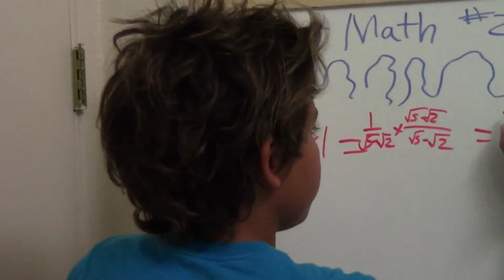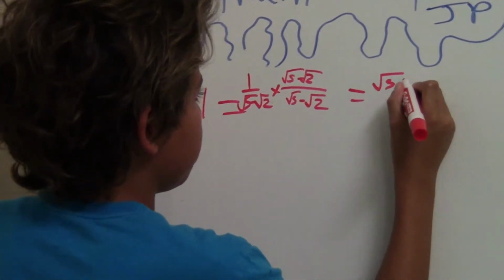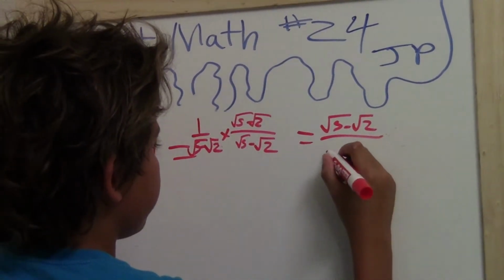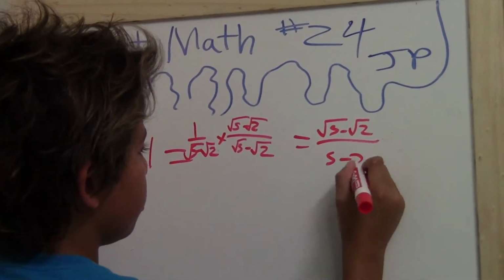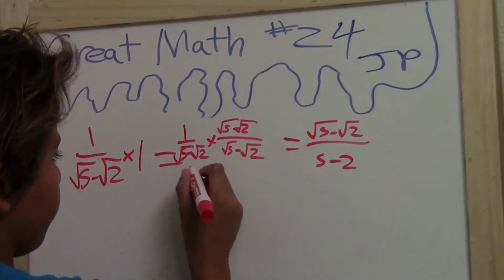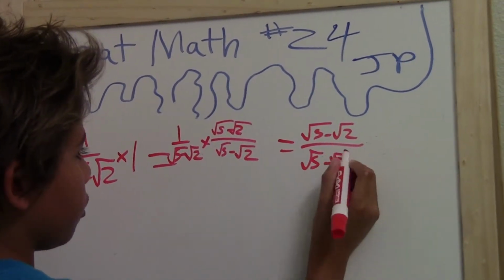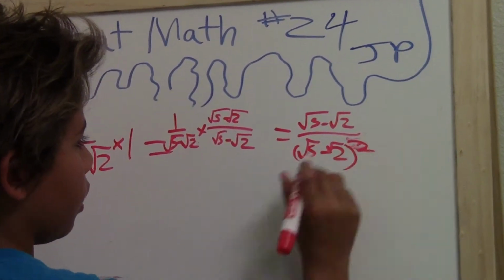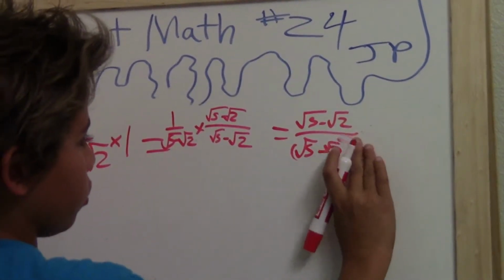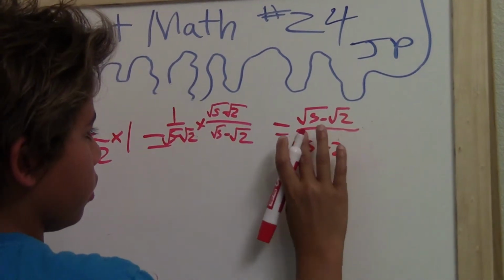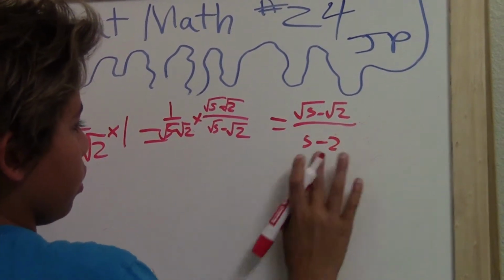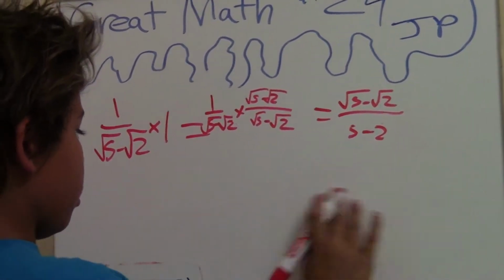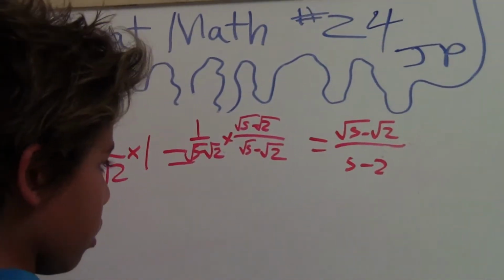Then it's the same thing as square root of 5 minus the square root of 2 over 5 minus 2, because when you multiply that together, everything is squared. No. You have square root of 5 minus square root of 2.